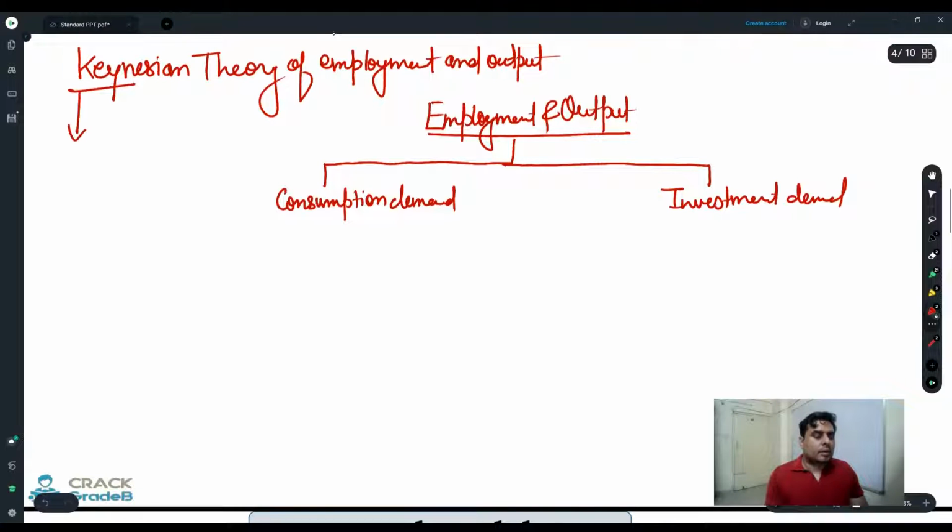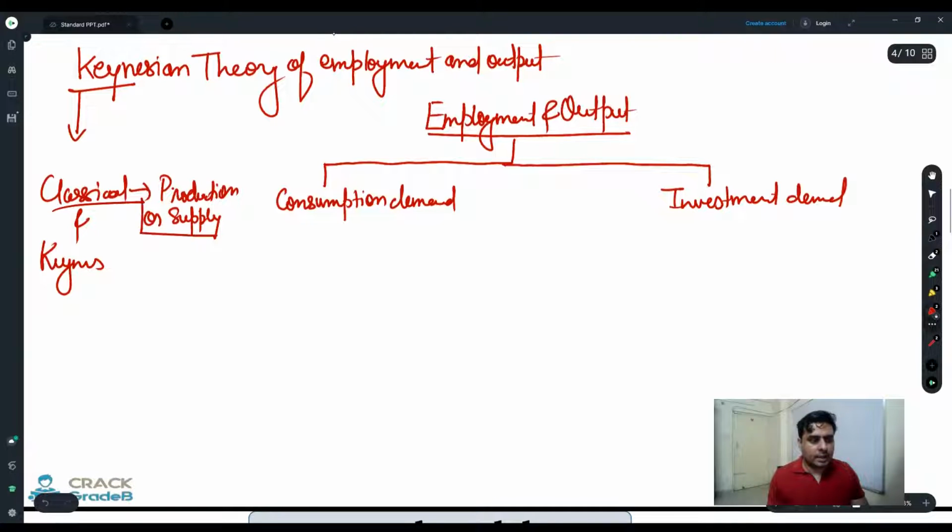See the contrasting difference between the classicals and Keynes. The classicals are more focused on the production or supply part.